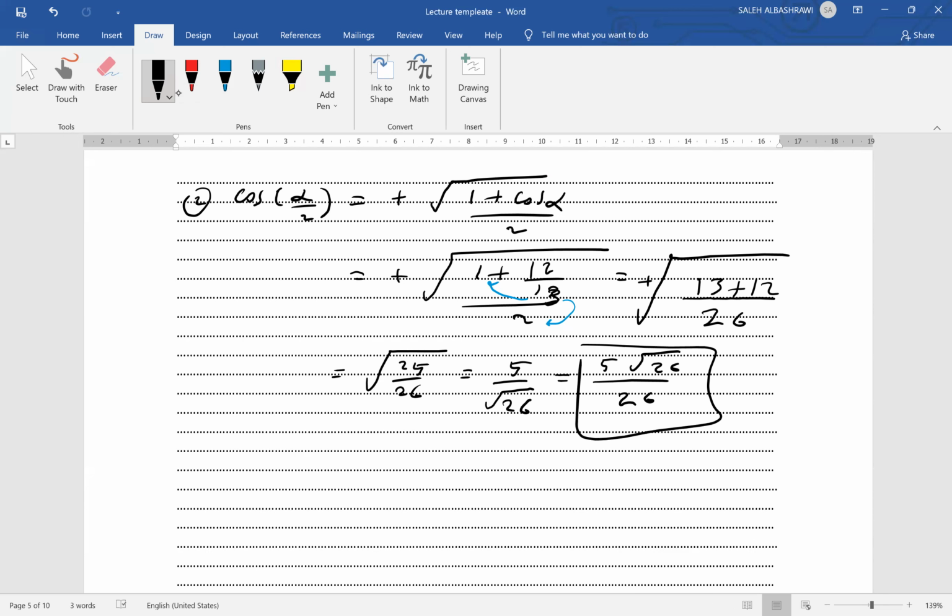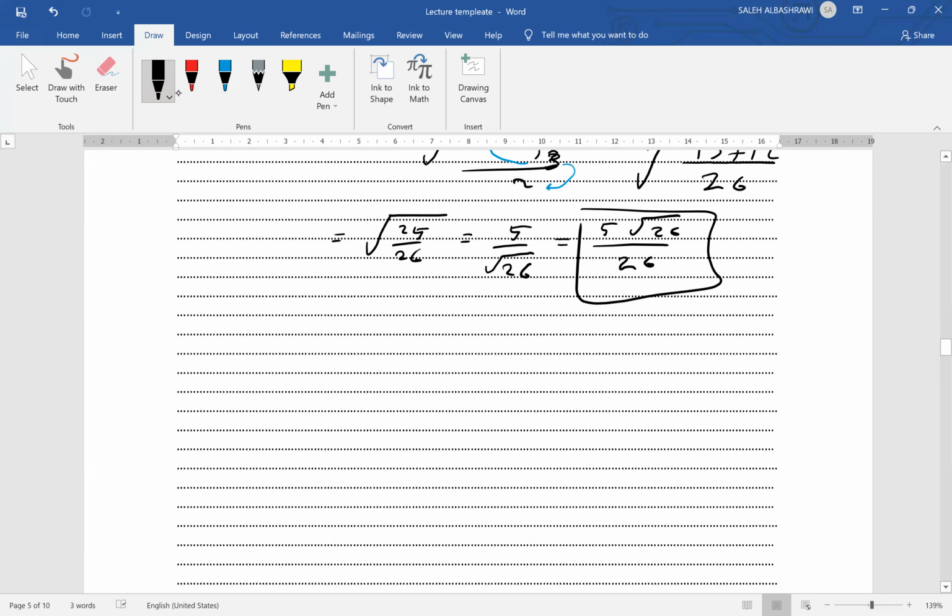For the last one, tangent alpha over 2, which is equal to sine alpha over 1 plus cosine alpha, or 1 minus cosine alpha over sine. Any one of them will be okay. Sine alpha is given by 5 over 13, and 1 plus cosine alpha, which was 12 over 13.